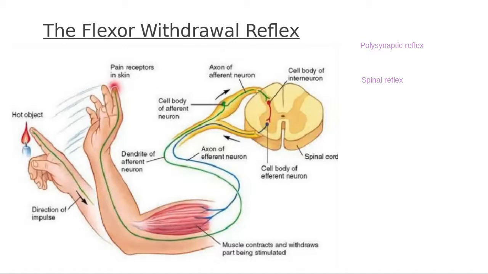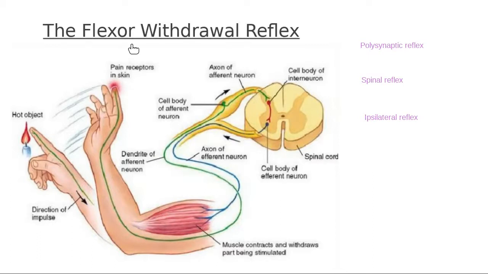Yeah, this is another example of an ipsilateral reflex. Ipsilateral reflex, meaning it happens on the same side of the body, the response is on the same side of the body as the stimulus was. Sensory information came in and motor information came out, both on the same side of the spinal cord.